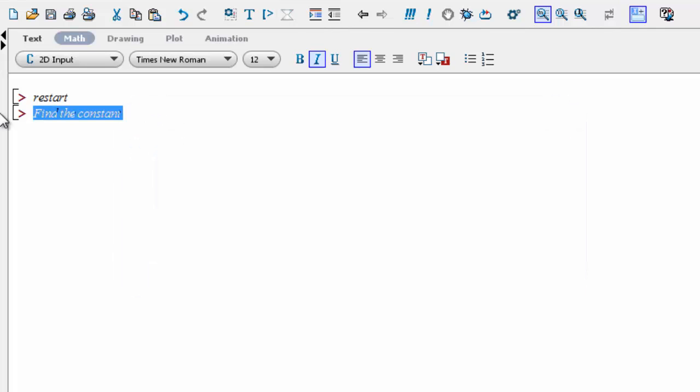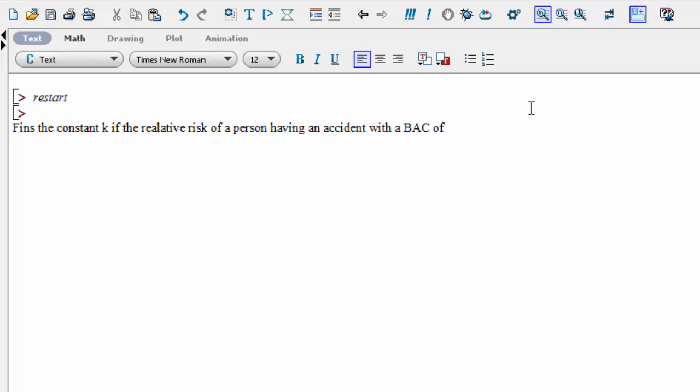So one thing we might want to do is to find the constant if the relative risk of a person having an accident who has a blood alcohol content of 0.02% is 1.4, which would mean that if a person has that blood alcohol content, they're 1.4 times more likely to have an accident than someone who doesn't have any alcohol in their system.